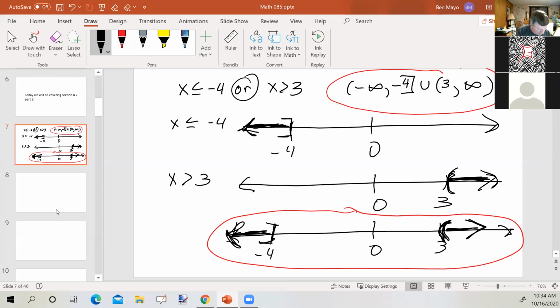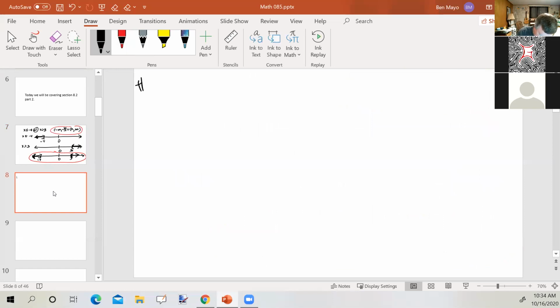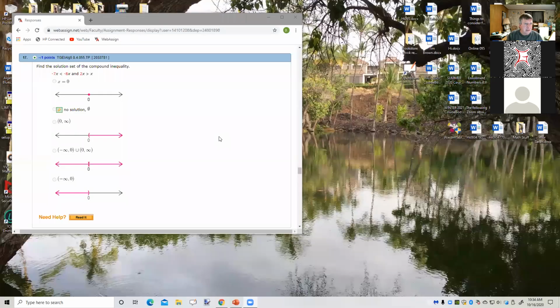Okay, let's see, we're going to go on now to number 17. Let me get that up here and then we'll take a look at it. Number 17 says find the solution set of the compound inequality.